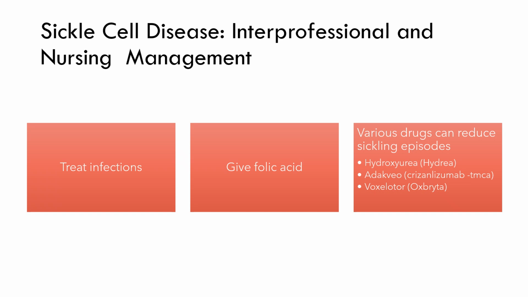We have, I think it's Adakveo, which reduces sickling cell and blood vessel adhesion, and Voxelotor, which stabilizes an oxygenated hemoglobin cell, reducing sickling. So there are different things that we can give as far as medication to try to prevent some of that from happening. So it's important that we, again, individualize this plan for each individual patient.